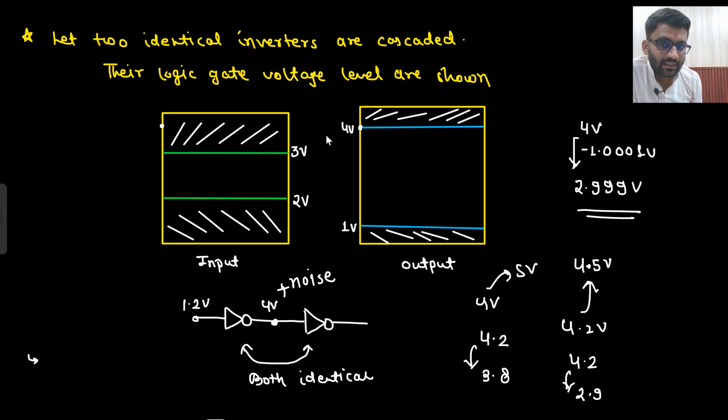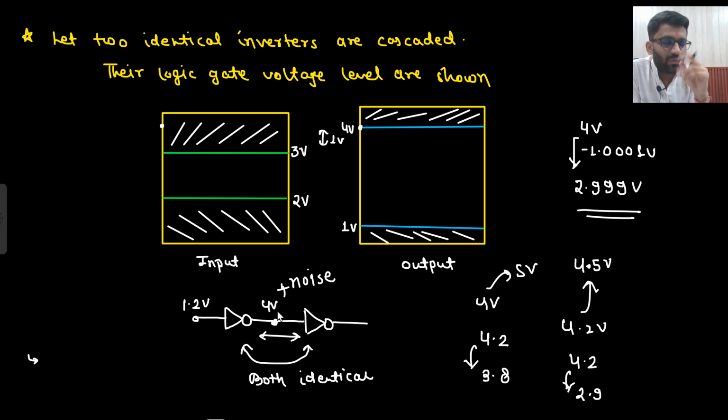So what is the margin? This is the margin you are having, no? You are having a margin of 1 volt. Are you getting this point or not? So in between here, output state and input state, here only you check that I am having a margin of maximum 1 volt here.